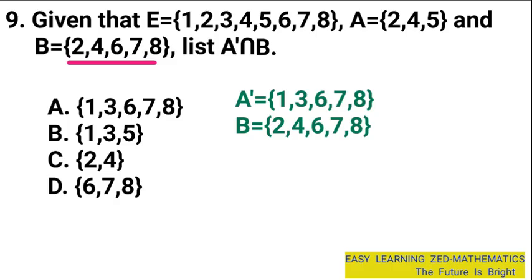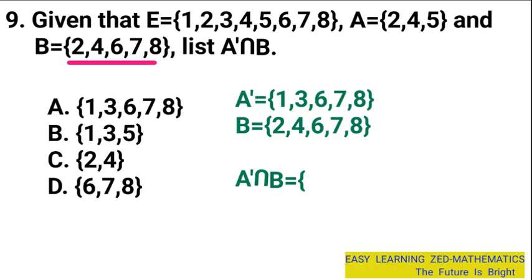The question is list A complement intersection B. So we're going to write A complement intersection B is equal to... when we ask for intersection, we're asking for members that are found in both sets, A complement and B. So when you look at 1, it is not found in both, 2 is not found in both, 3 is not found in both, 4 is not found in both.